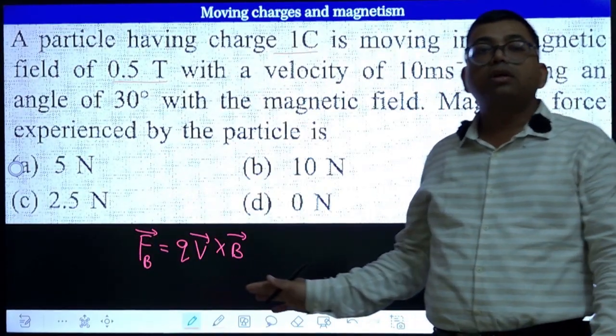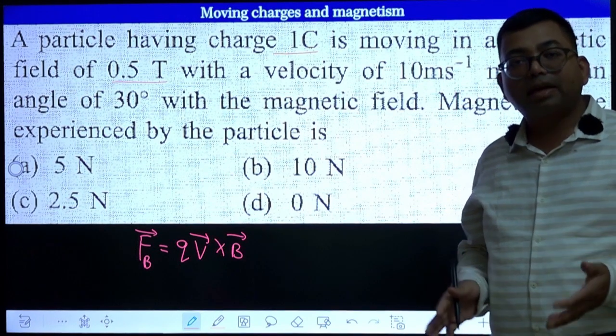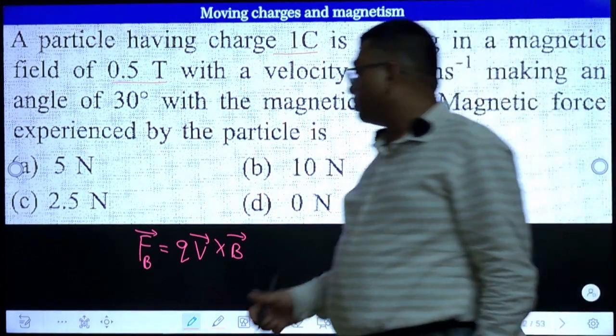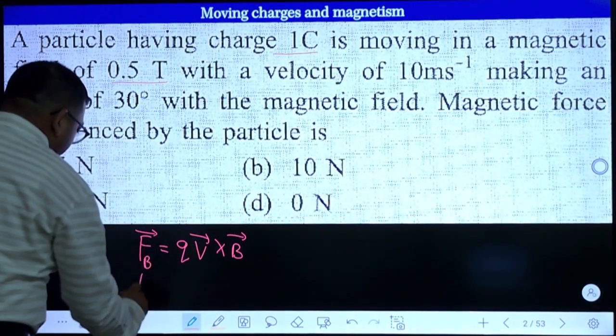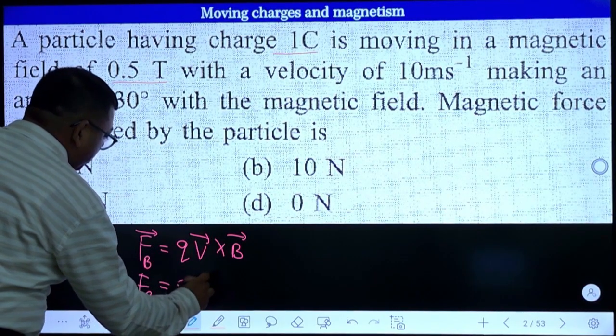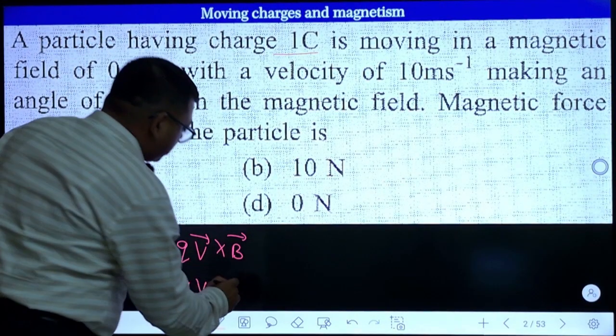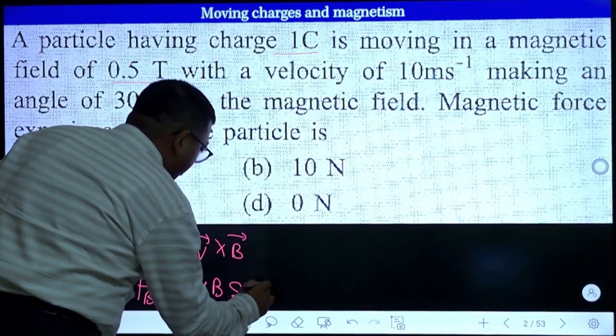Anyway, in the question they are asking magnitude, so you need not bother, you can simply calculate the magnitude. Magnitude means Q V B, and the angle between velocity and magnetic field, so that means sine theta we have to take, right?